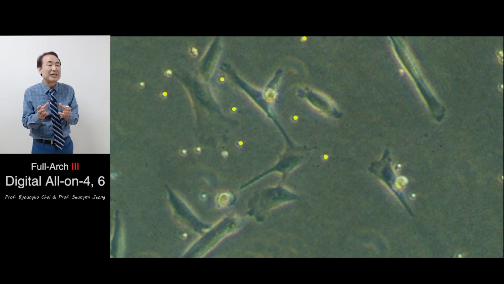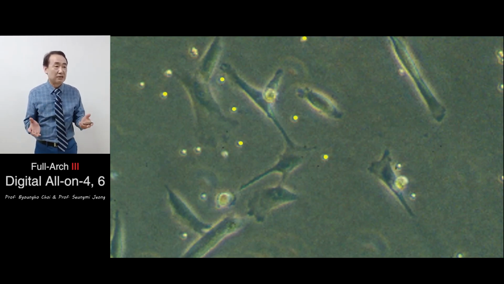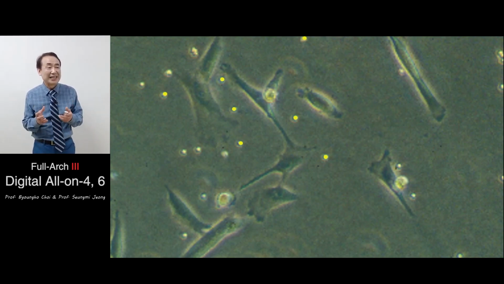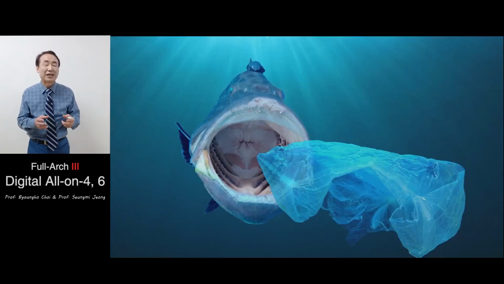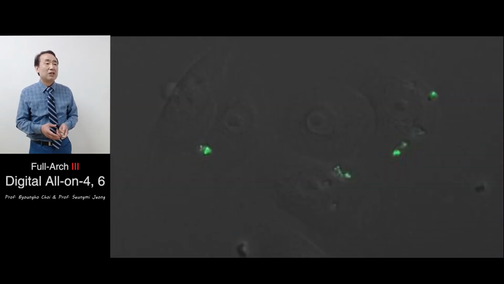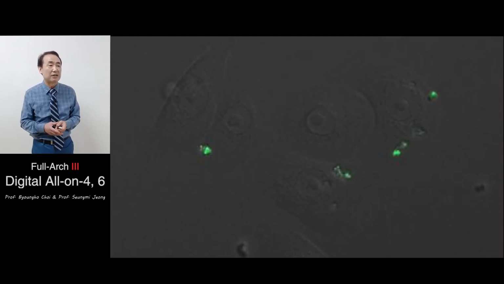We put fluorescent resin microparticles in the culture media. The cells are eating micro resin particles, like a fish in the ocean eating plastics. The fluorescent resin microparticles stayed inside the cells, and the cells are dead.